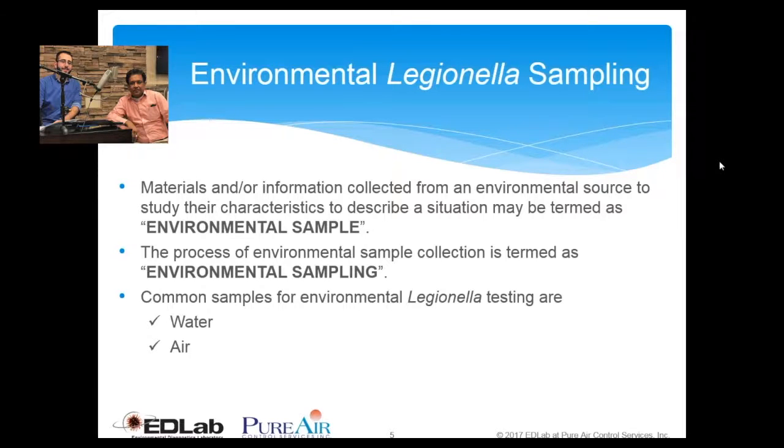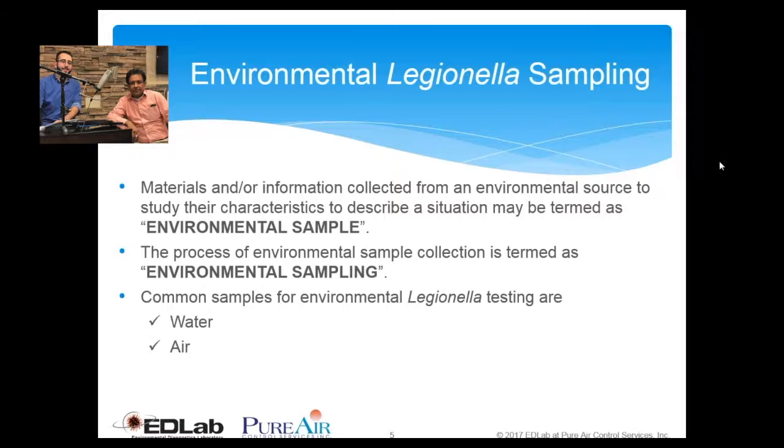What it means is that you can collect, as I said, any material or information from air, water, surface. These are the environmental matrix, technically we call it, and we need to study that in order to describe a situation that might demand after analyzing those samples. So those are environmental samples.